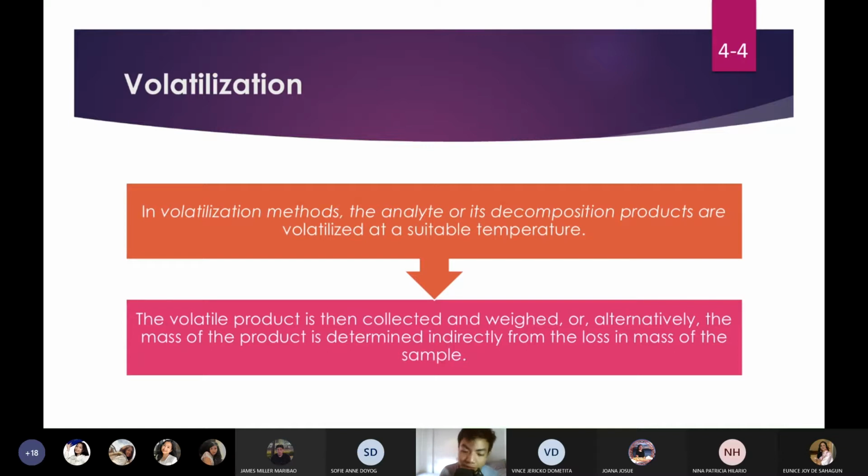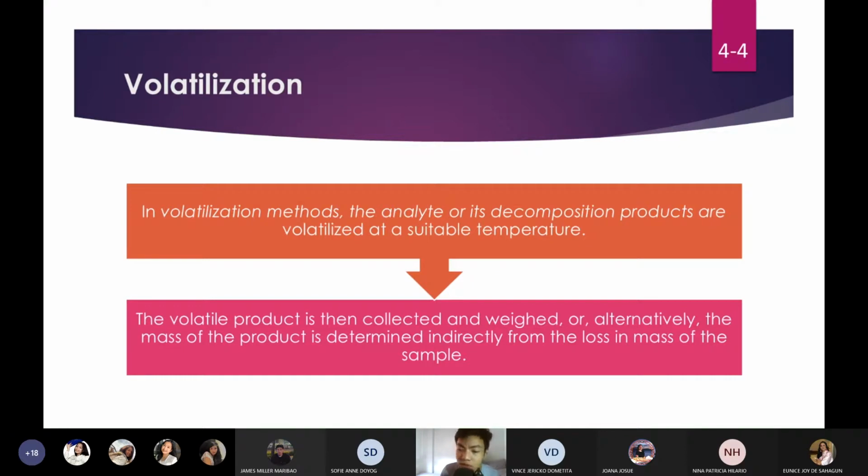Okay. What happens here in volatilization method is that your analyte or your substances are being decomposed to simpler molecules at suitable temperatures. For example, you're going to analyze the molecular formula of glucose from sugar.